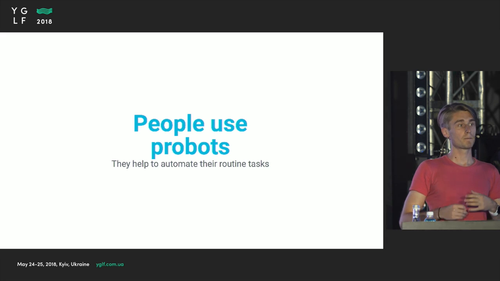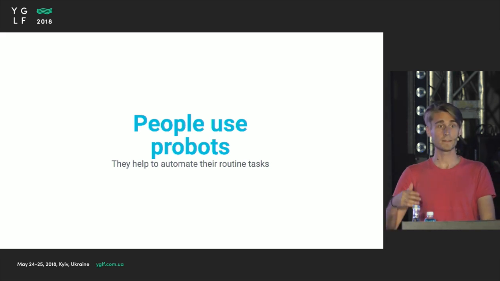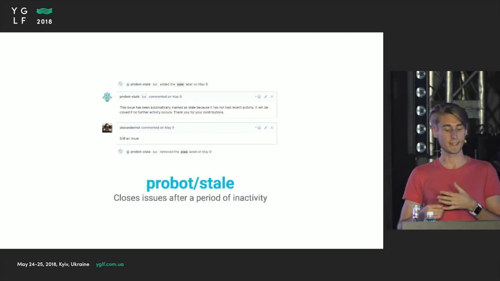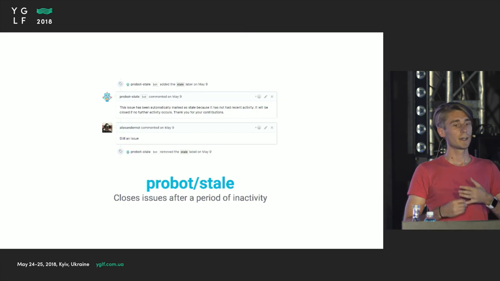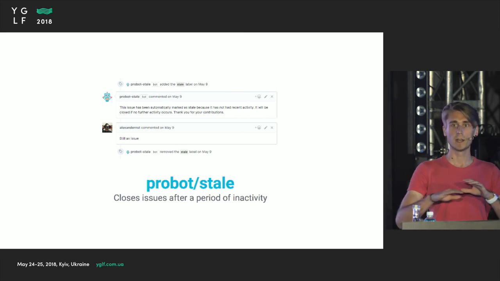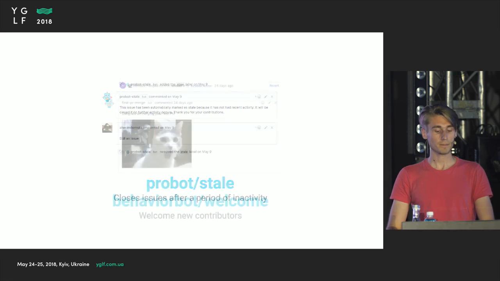And people actually use Probots. They automate their daily work and save a lot of time. For example, the most popular one is Probot stale. The stale bot closes an issue after some period of inactivity, like no one comments under this issue, it's not relevant anymore, so we close it.